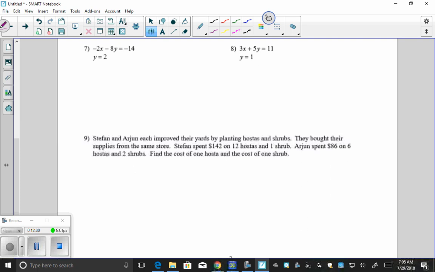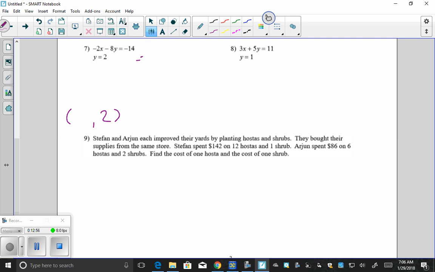Number 7. Now this one, because I have a variable that is set up equal to something already, I have a variable by itself, I'm going to use substitution method because this is easy. Now remember what I said, because you have a variable that is equal to a constant number, you can already tell what that number is going to be. So y equals 2. I mean, nothing changes.